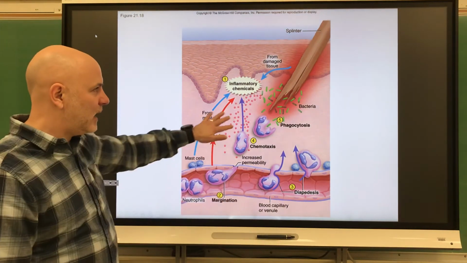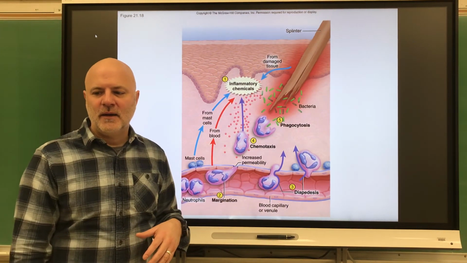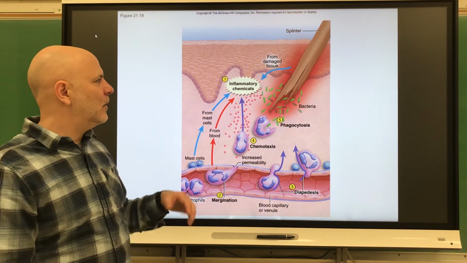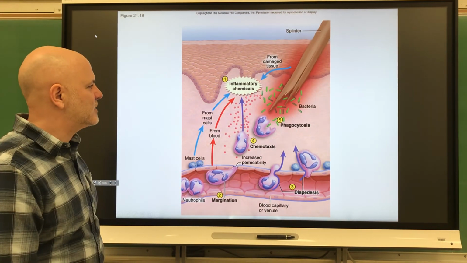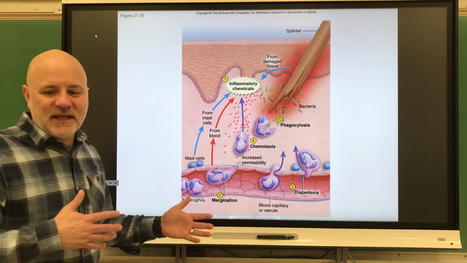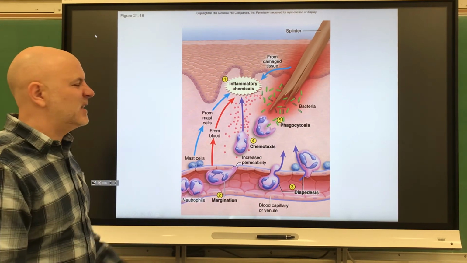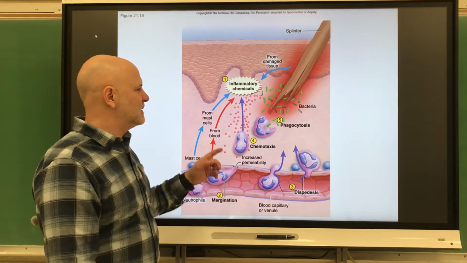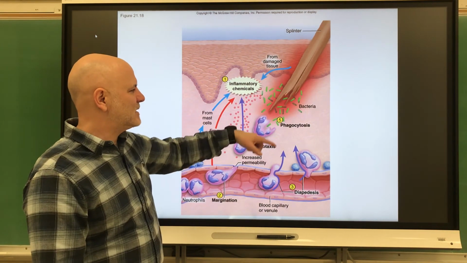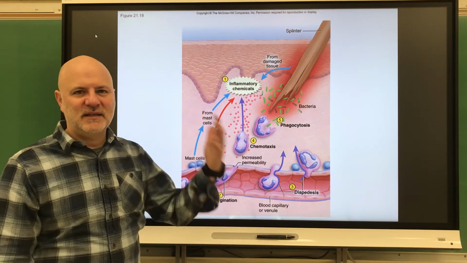It looks red because of all the blood that's in the area. One of the things that we can see in an area that is inflamed is pus that can occur. So what pus is, is bacteria, white blood cells, and damaged tissues.